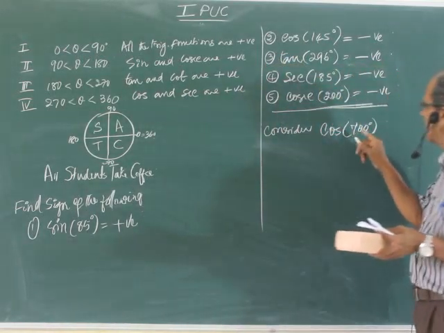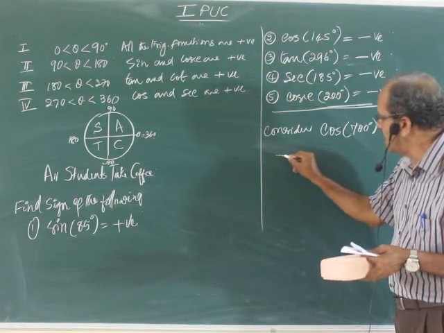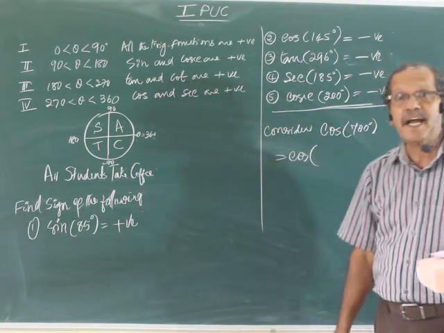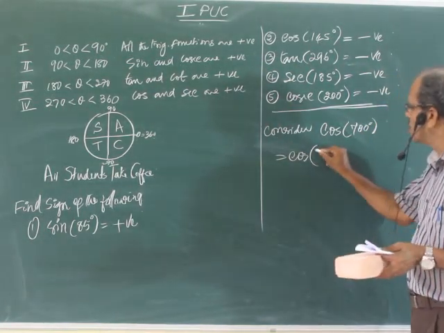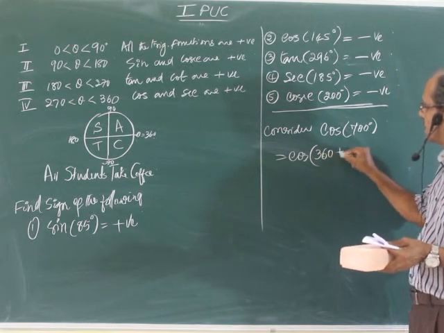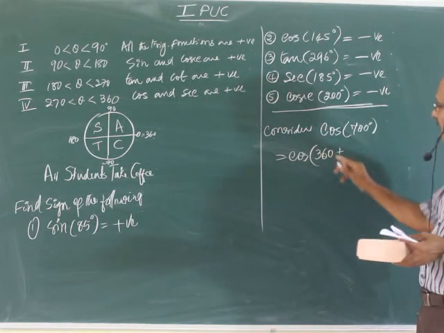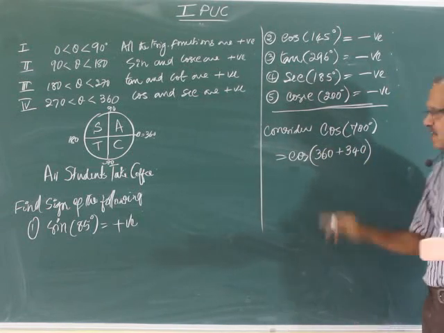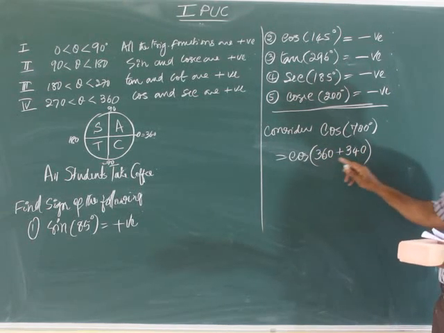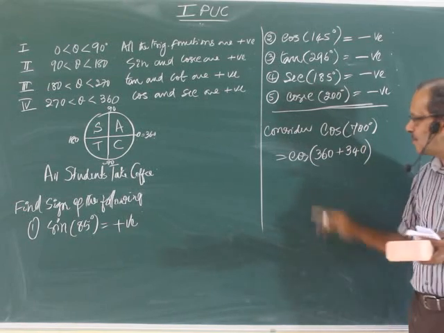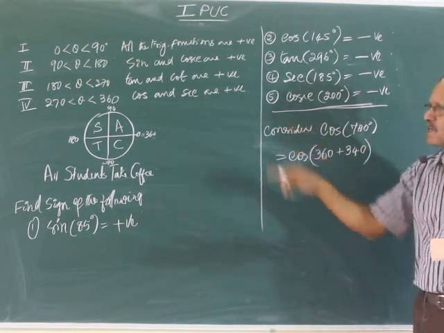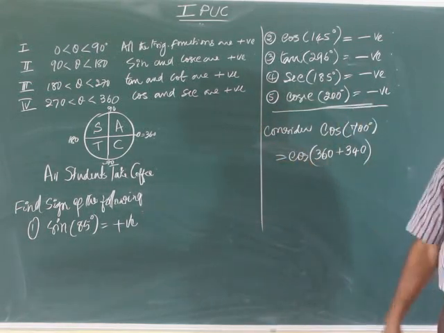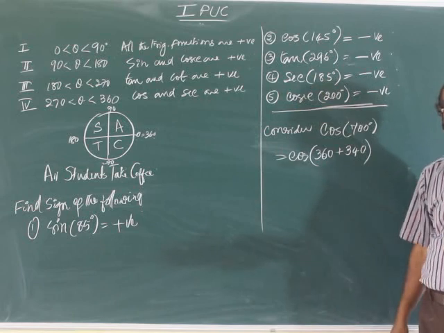Like that, cos of 700 can be written by removing the completed rotation, 360. One round is completed, after that we have 340 degree, 360 plus 340 is 700. You forget about the completed rotation. The angle that comes after it is the required angle for us.